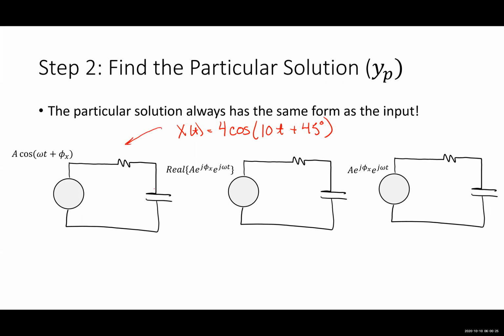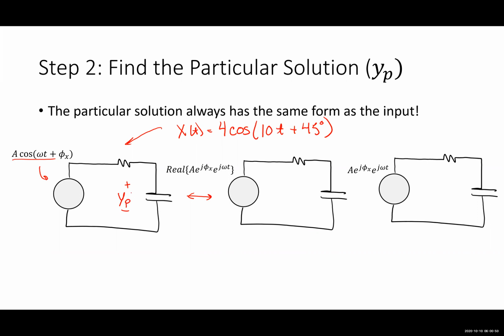Now, again, I don't have an RC circuit in this case because I have a second order system, but you should get the idea. What I'm focused on is basically the input to the system, which is, say, this voltage source here. These two circuits here are equivalent. Let's say I was solving for this capacitor voltage. This would be y sub p, if I'm talking about the steady state.